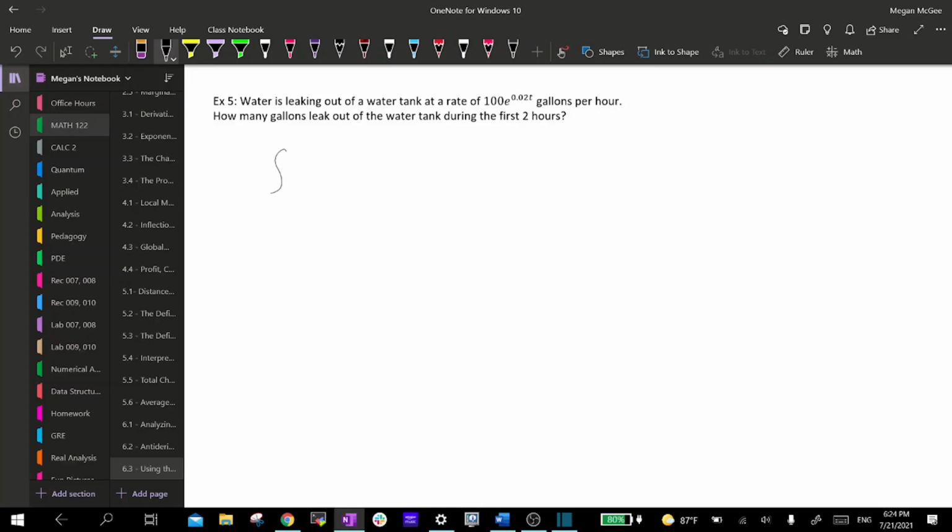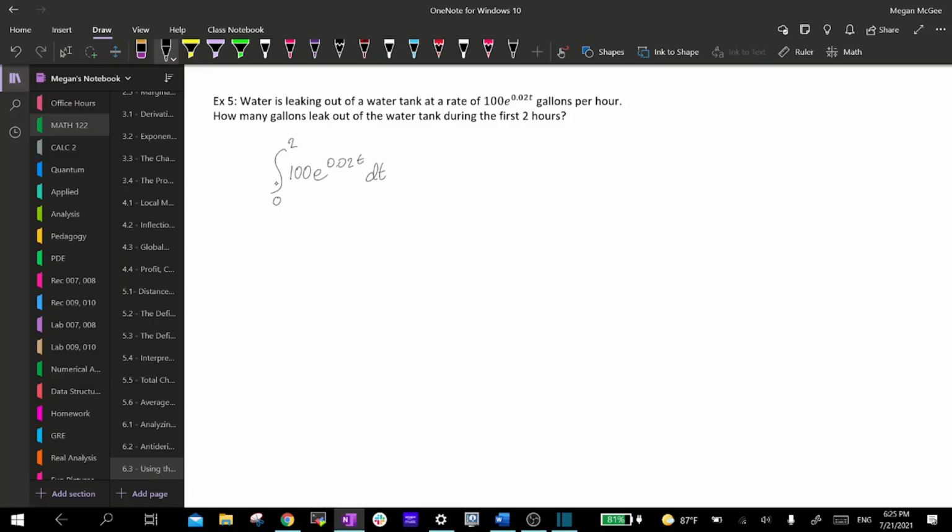We're given the rate, so we have 100 e to the 0.02t dt. And our bounds are going to be values for t during the first 2 hours. So we have our function is in gallons per hour, so t is in hours. So we want to start at t is equal to 0 and go up to t is equal to 2.